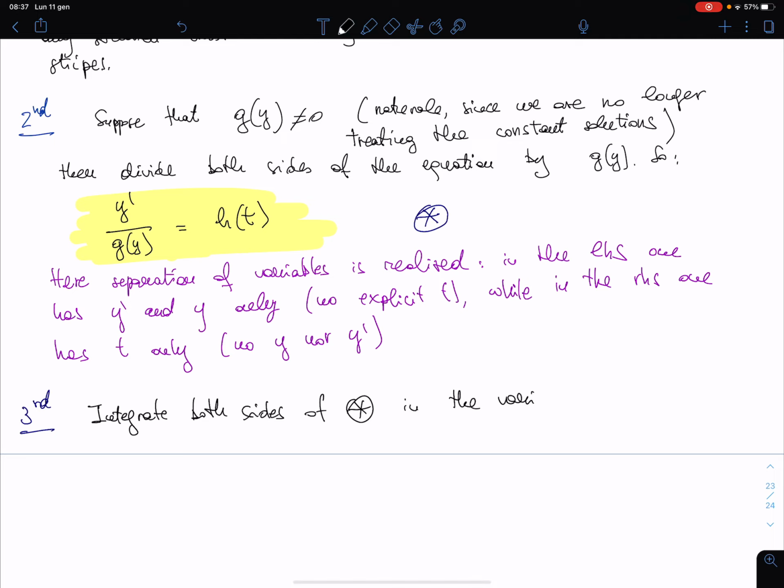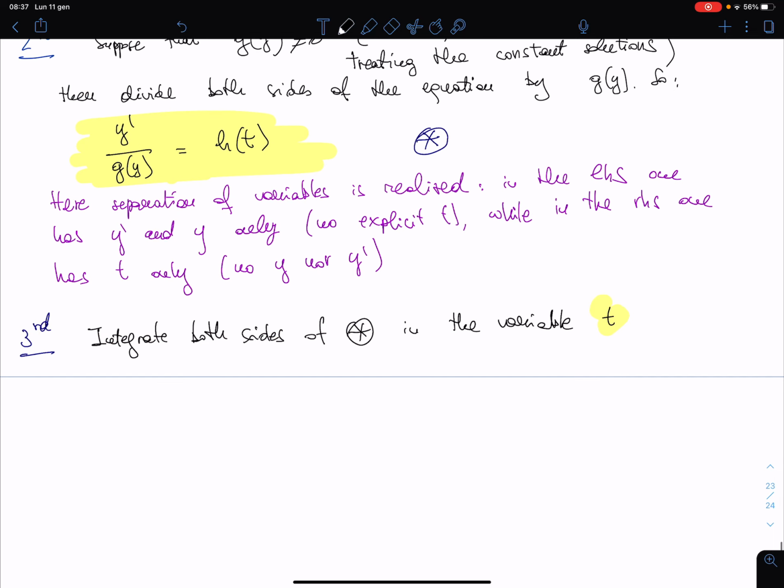This is very important. This means that you can use the indefinite integral. It is more convenient here. Let me write down all the passages. So y prime dt divided by g of y equals h of t dt.